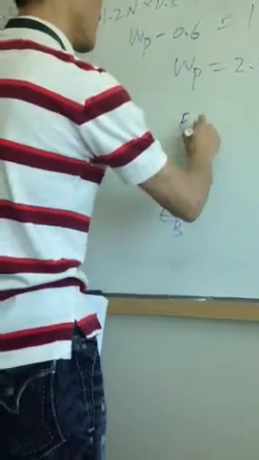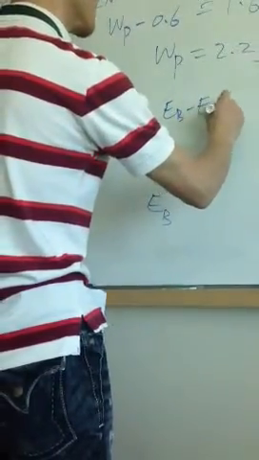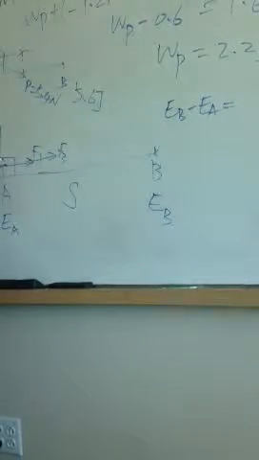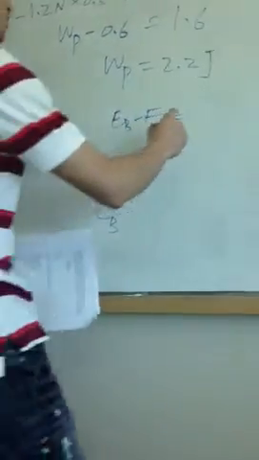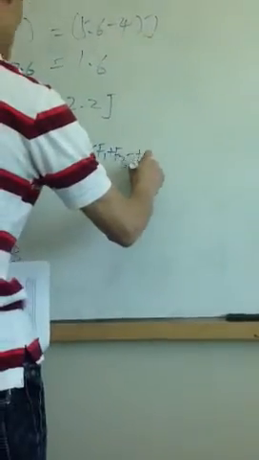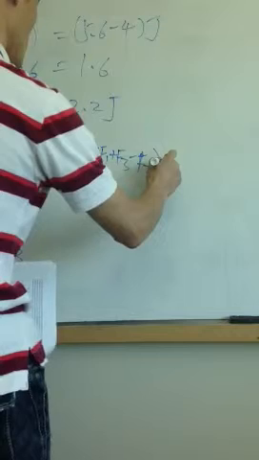So energy B minus energy A should be equal to the work of these forces. It should be equal to F1 plus F3 minus F2, times S.